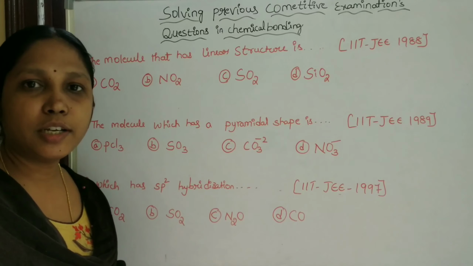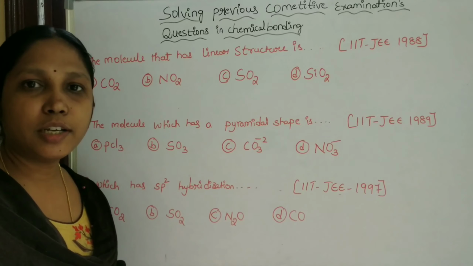Next, SO2. Sulfur is the central atom and oxygen is the surrounding atom. Sulfur is a 6th A group element, so it has 6 electrons in the valency shell. 2 oxygens form double bonds and the remaining pair of electrons acts as a lone pair.